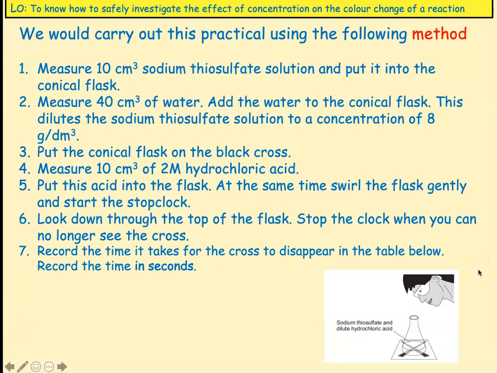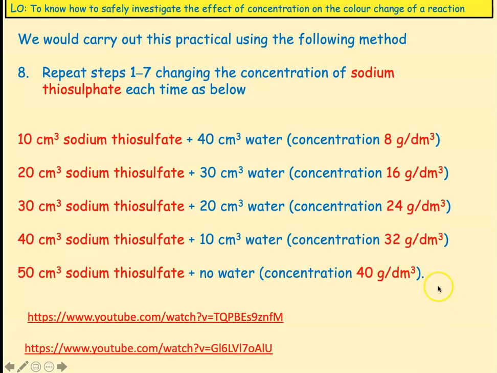Okay, welcome back. Right, we're going to carry it out again, 1 to 7, changing the concentration. Now, this is quite difficult to actually understand just by reading it. We've got different amounts of sodium thiosulfate and different amounts of water. So what I decided to do was draw it for you.